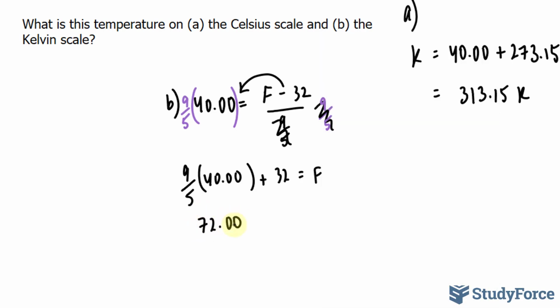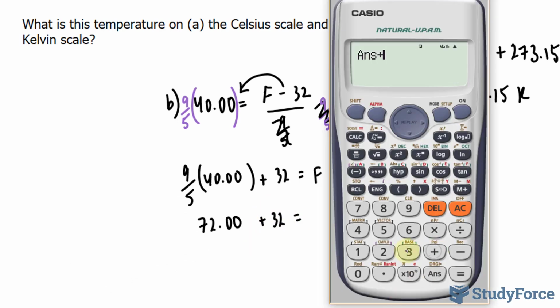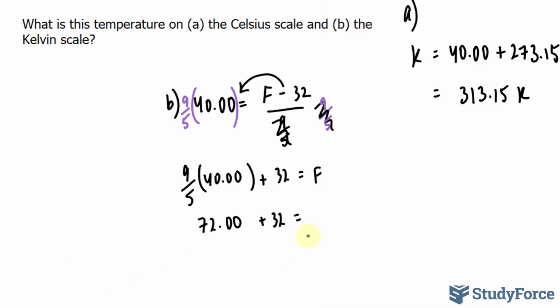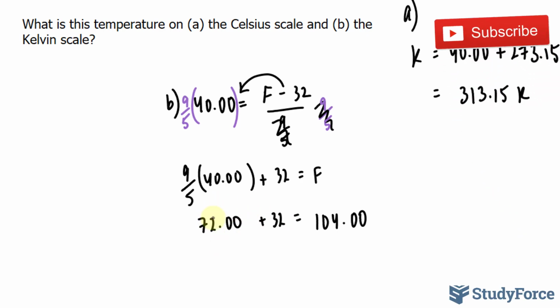We want to retain the same number of significant figures as the number we started with, plus 32. Now we have to add 72.00 to this number using our calculator, plus 32. We end up with 104.00. Since 32 is an exact number and it's part of the formula, we don't take into account the amount of decimal places of this number. We simply use this number.